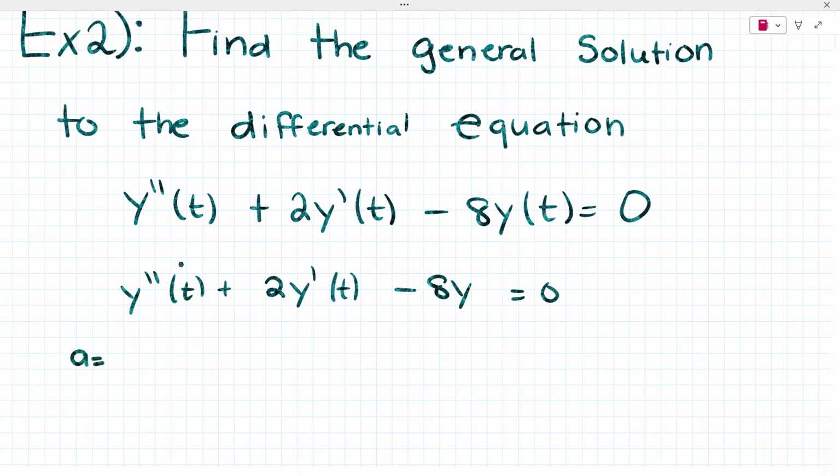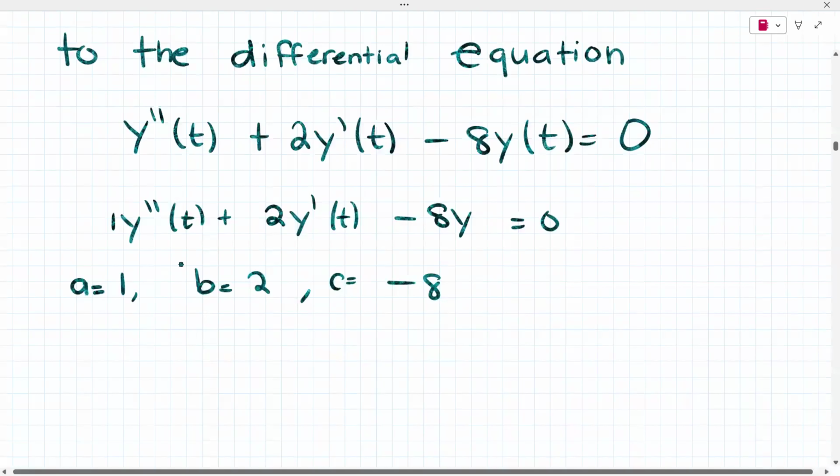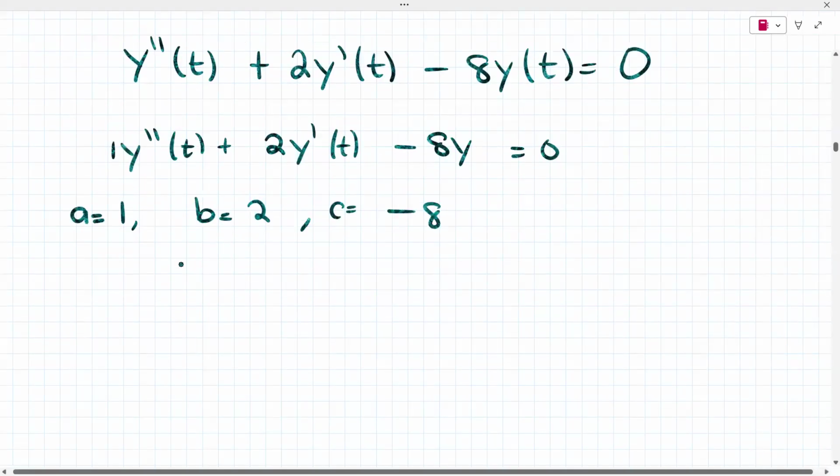My a is the coefficient of the y double prime. This has an invisible 1, so my a is 1. My b is 2, because it's the coefficient of y prime. And my c is negative 8. Okay. So step 1, put it in the characteristic equation.